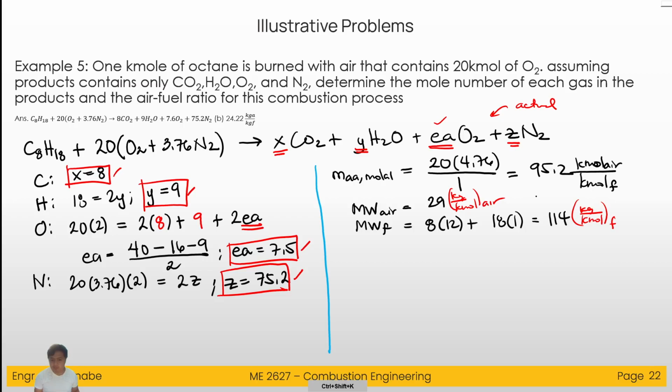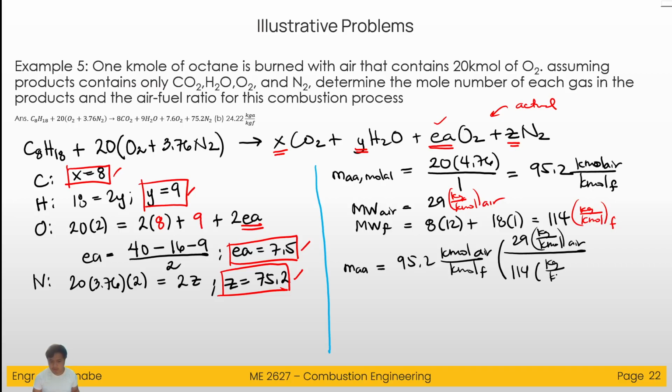If we multiply this using unit analysis, the air-fuel ratio on a mass basis is 95.2 kilomole of air per kilomole of fuel multiplied by 29 kilogram per kilomole of air, and then divided by 114 kilogram per kilomole of fuel.